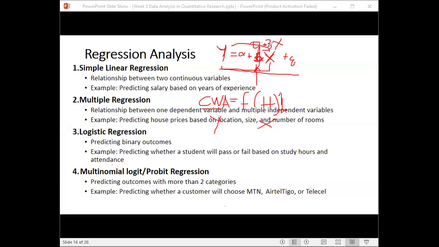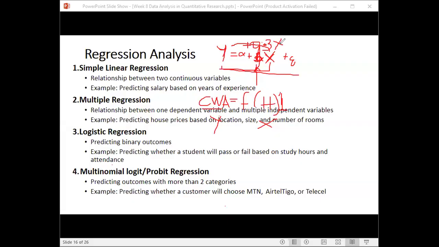That is the establishment I have here. And that's what's going to be my conclusion at the end of the day, that I saw a positive relationship between the number of hours I learn and the CWA I get. So if I get the results to be plus 0.3x, the positive nature is telling me that if I increase the number of hours I work, it also increases the CWA. That is the relationship I have found. And I can do this through a simple linear regression analysis.